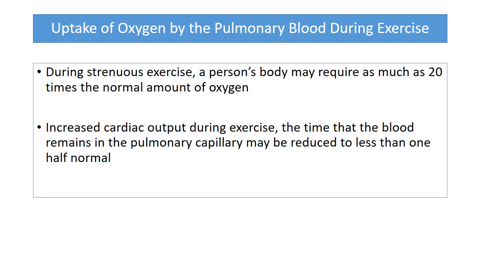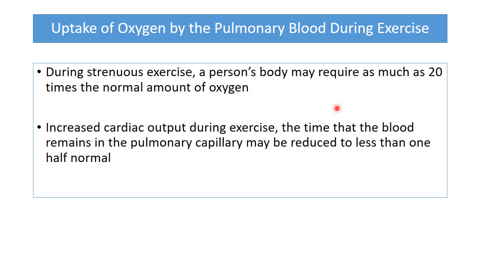During strenuous exercise, a person may require as much as 20 times the normal amount of oxygen, and simultaneously, due to increased cardiac output, the time that the blood remains in the pulmonary capillary for oxygen saturation is reduced to as little as half of normal.